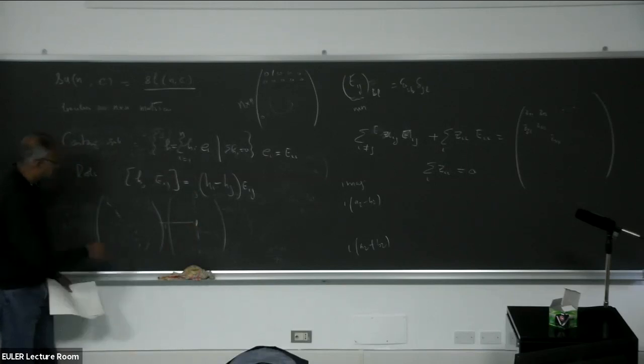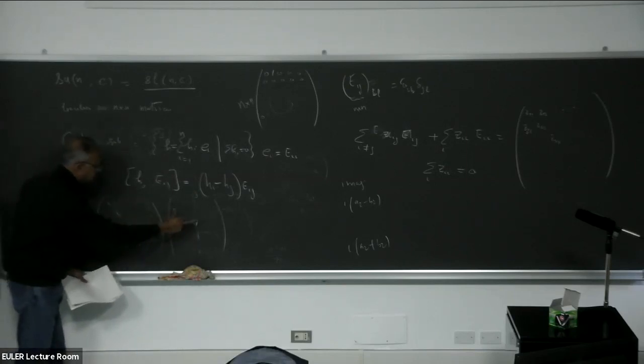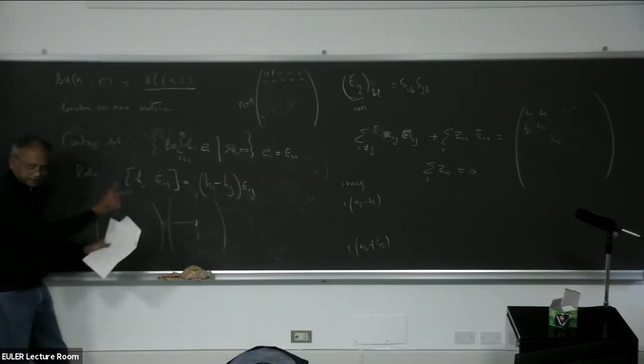So when you take the commutator, I have this times that minus that times this, the two orders.